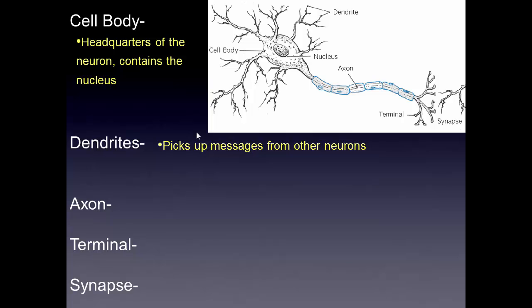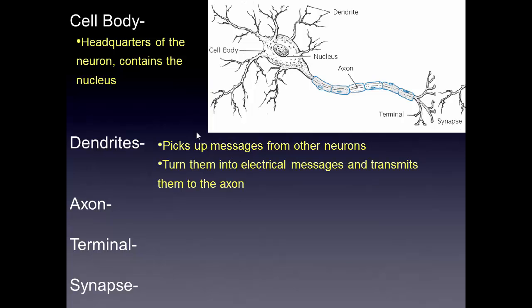They're waiting for a nerve impulse to come in from another neuron. So those dendrites are listening for that signal. They pick up a message from another neuron, and it turns that into an electrical signal.